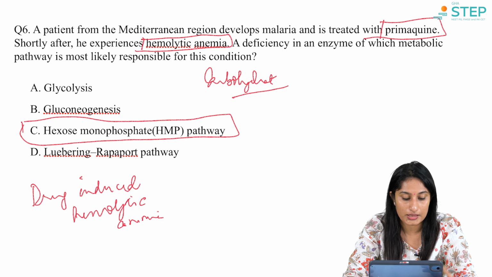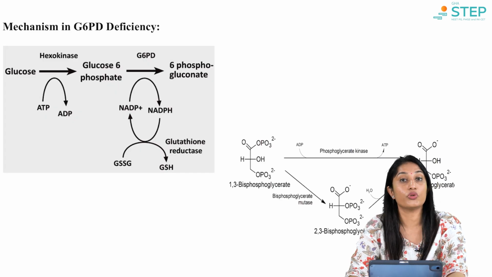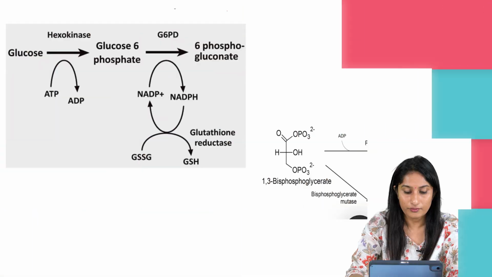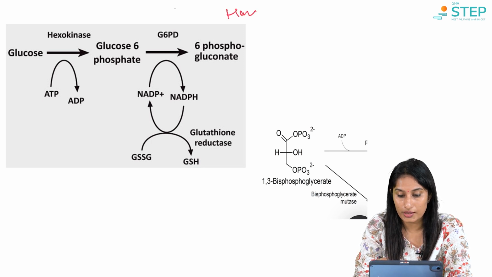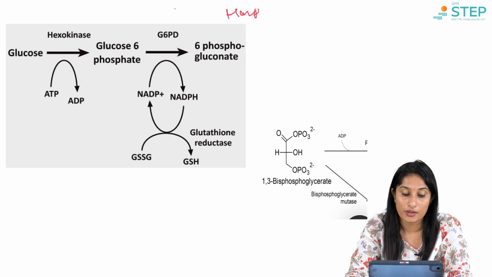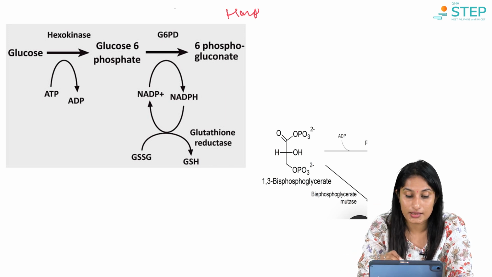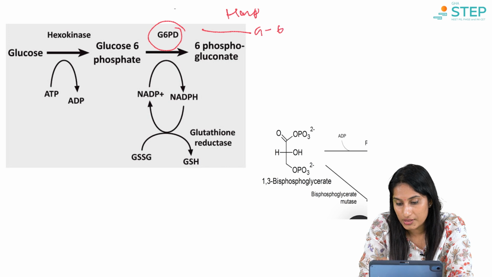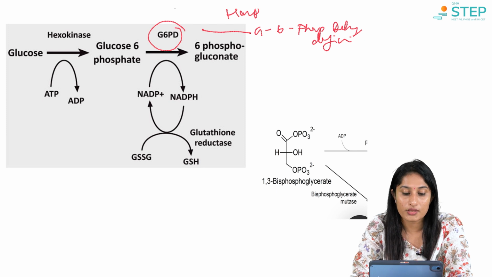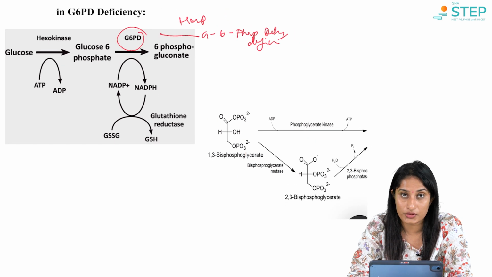Why do we think it is this? Let us just go through the pathway first. So, what do we see? This is the HMP shunt pathway or the hexose monophosphate pathway. So, which is the enzyme we are targeting here? That is our glucose 6-phosphate dehydrogenase deficiency. What is the role of this particular enzyme?